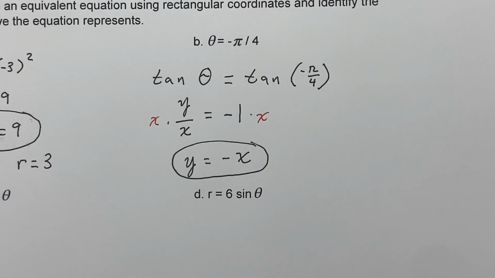All right, let's make the connection there. If I draw that, y is equal to slope of negative 1. There it is, just like that. Our original polar equation, theta is equal to negative pi over 4. Where was that angle at? Down on your unit circle, in the bottom right hand corner at 7 pi over 4.